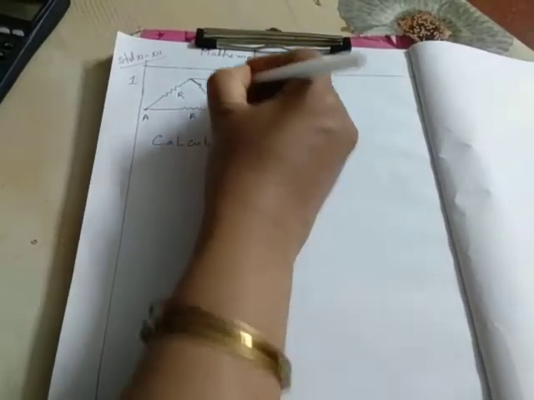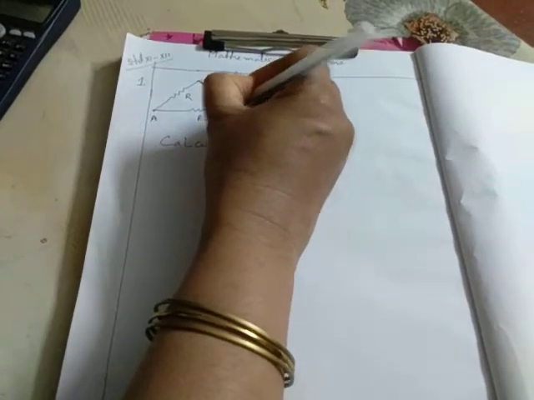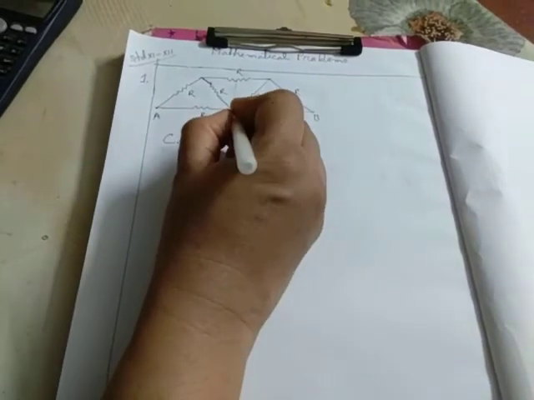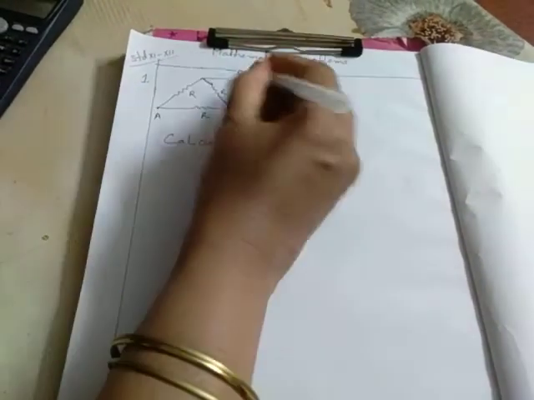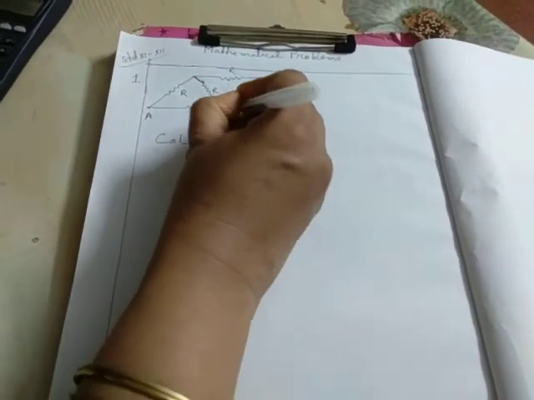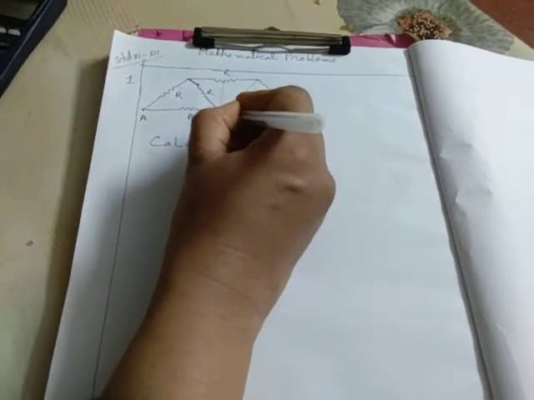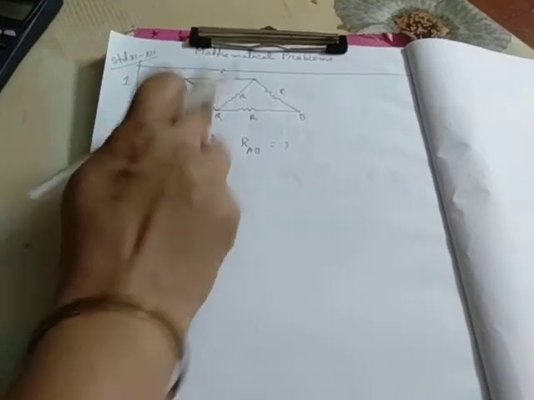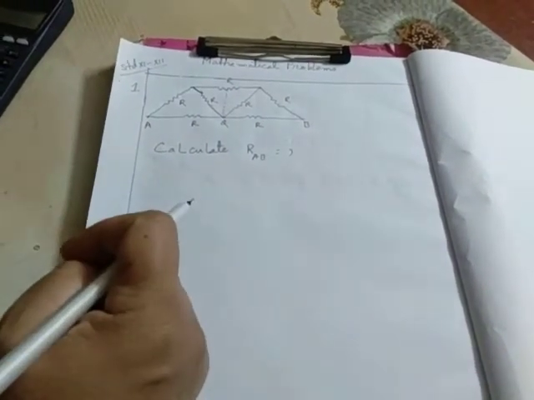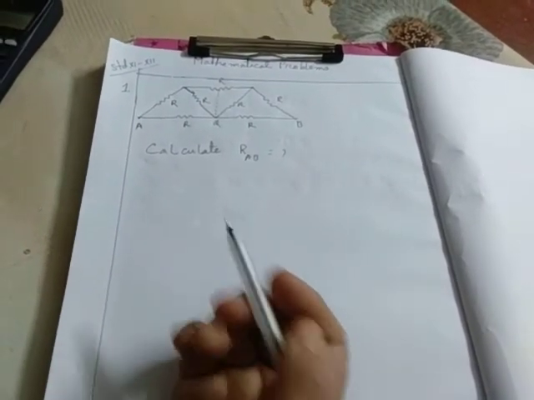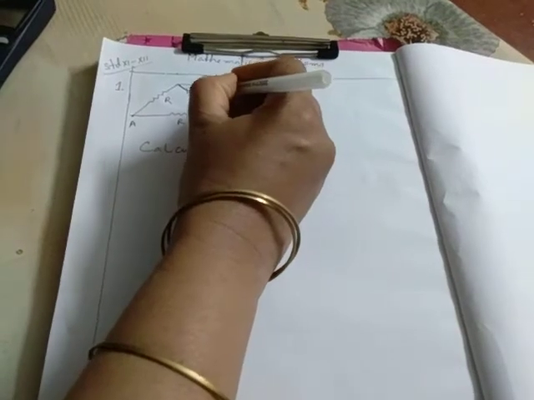So here we can draw a line that will divide the electrical circuit into two equal halves. If we draw a line here, we can name the point Q. Look here, 1 2 3 4 5 6 7 resistors, and each of the resistors has resistance R. When we draw the line here, it will divide the circuit into two equal halves.